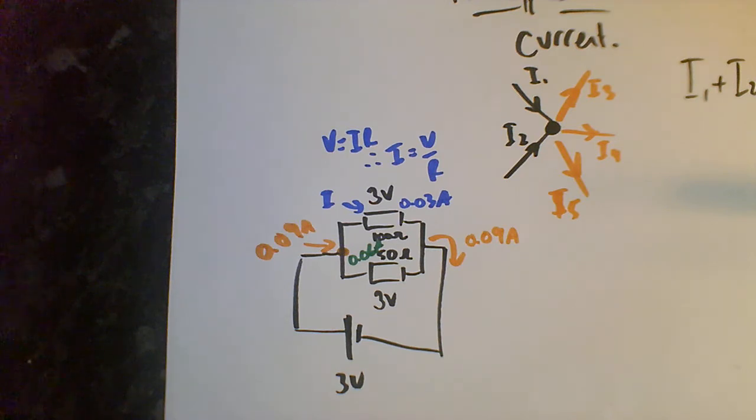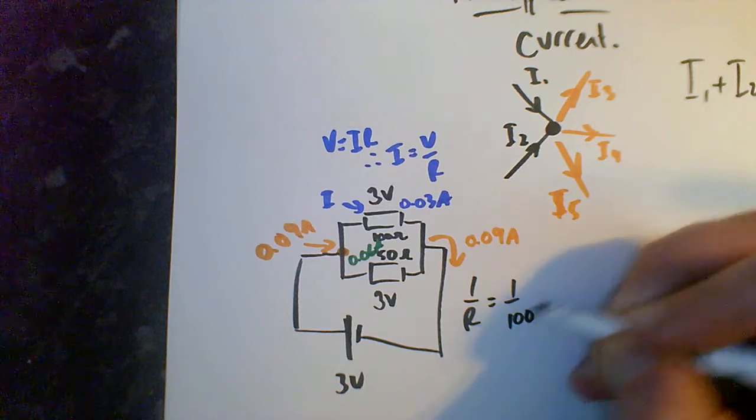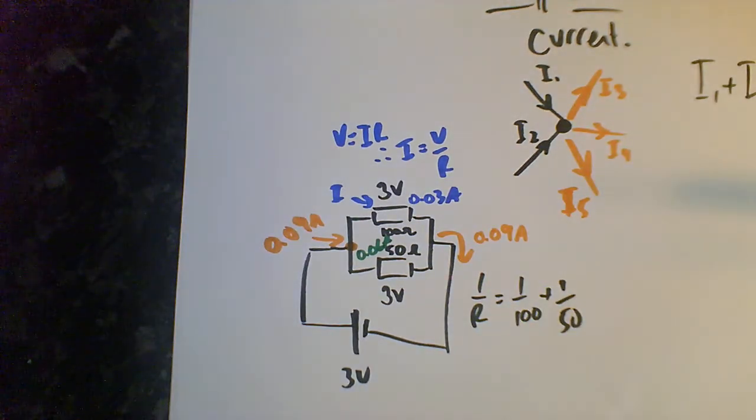Could we work that out? Could we calculate it just to prove it? The total current going through the cell would be 0.09. Well, we could by combining these resistors. So 1 over R equals 1 over 100 plus 1 over 50. 1 over 100 plus 1 over 50 is 0.03.